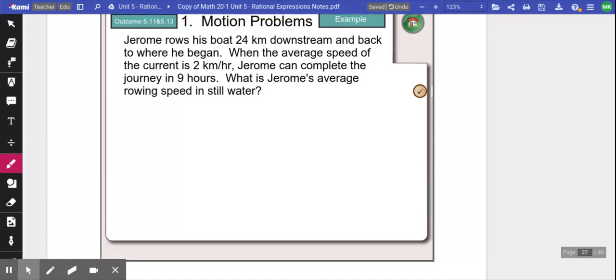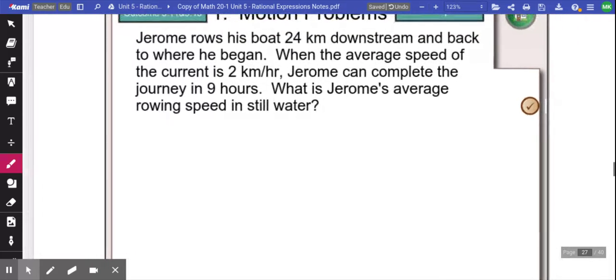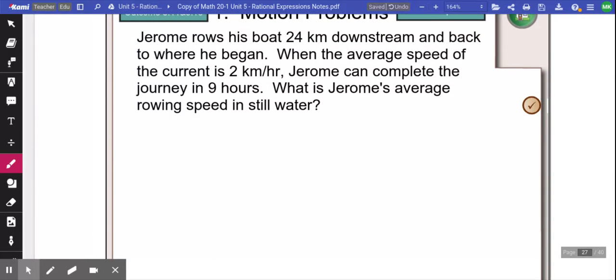This one's talking about Jerome rowing a boat. So Jerome rows his boat 24 kilometers downstream and back to where he began. When the average speed of the current is 2 kilometers an hour, Jerome can complete the journey in 9 hours. What is Jerome's average speed in still water? Okay, so this is a motion problem, right? I know it's a motion problem because it told me that something was moving, right? 24 kilometers down and 24 kilometers back.